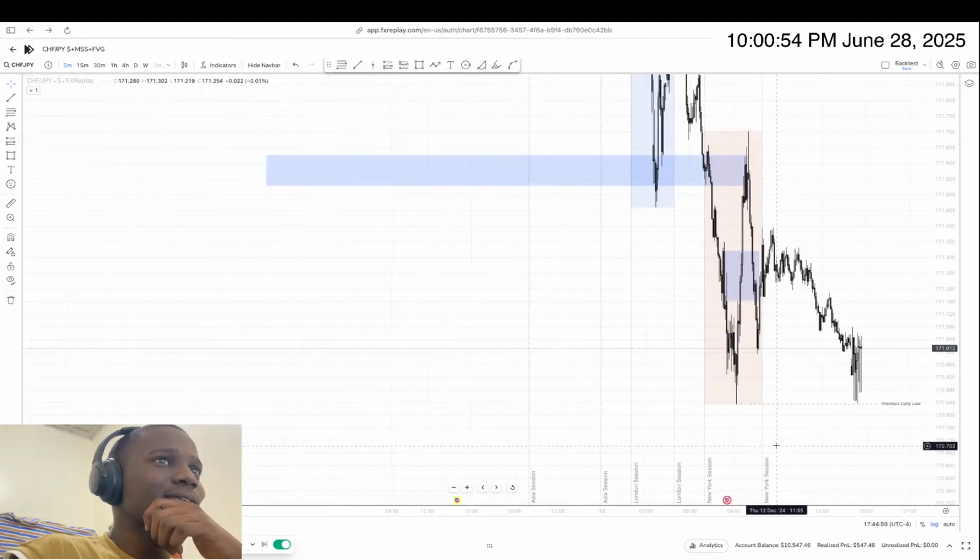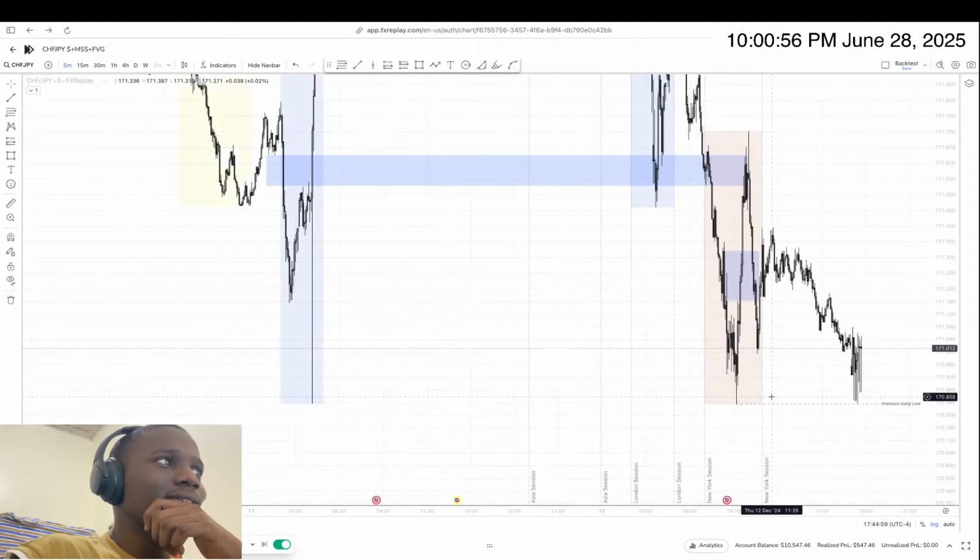Okay, these wicks are looking crazy on these lows here.